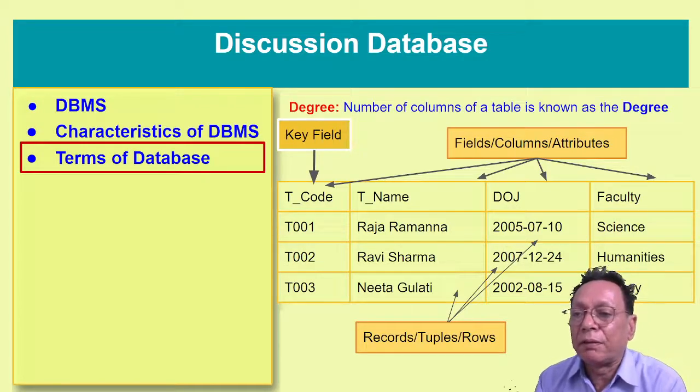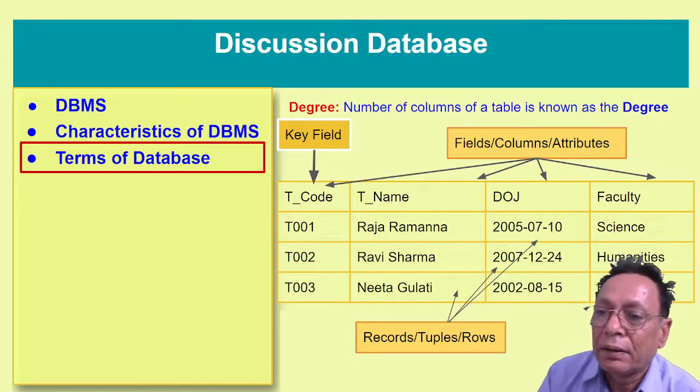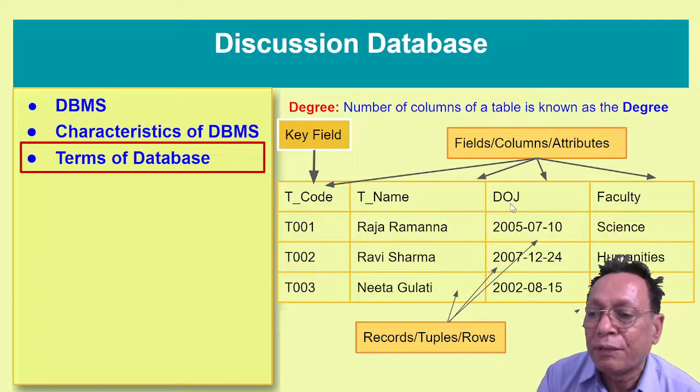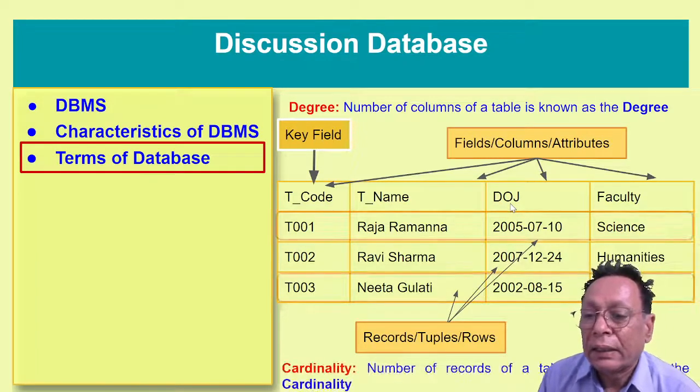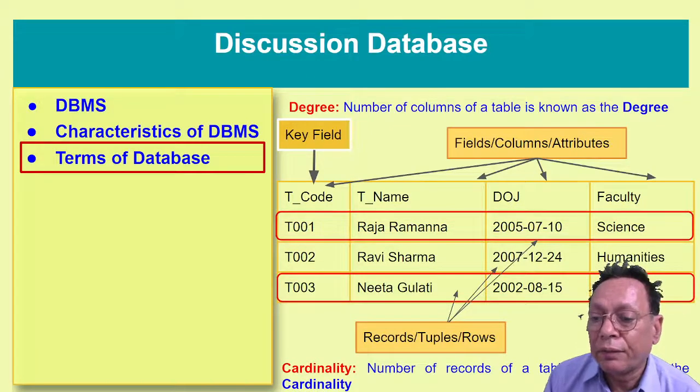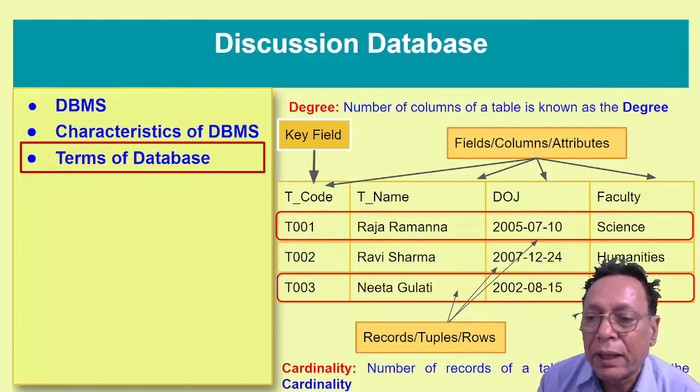Degree means the number of columns of a table. So the degree of this table is 4, because there are 4 columns. On the other hand, cardinality, the number of records of a table, is known as the cardinality. So this table has 3 records.